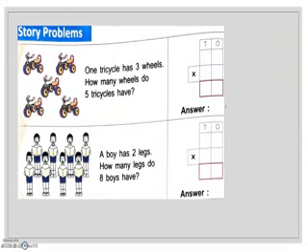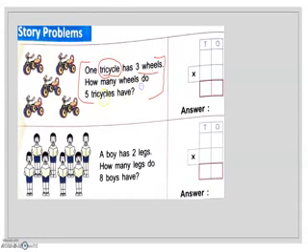Story problems. When we get a story problem, you have to read the question very well and understand the meaning. The question is, one tricycle has 3 wheels. Tricycle always has 3 wheels. So one tricycle has 3 wheels.